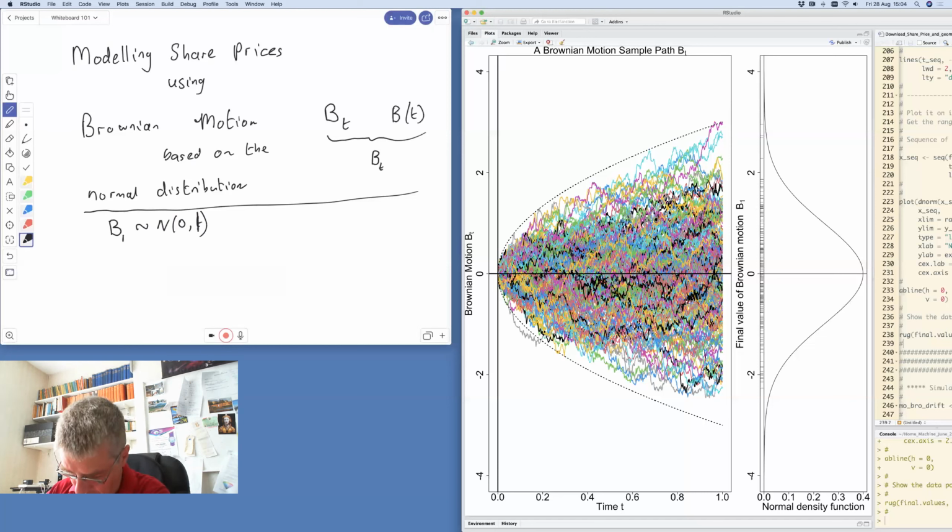And in general, for Brownian motion at any time t, whatever time t we choose, how are the values of Brownian motion distributed? They follow a normal distribution with mean 0 and variance t. So, as we said before, the spread, in this case the variance, increases with t.